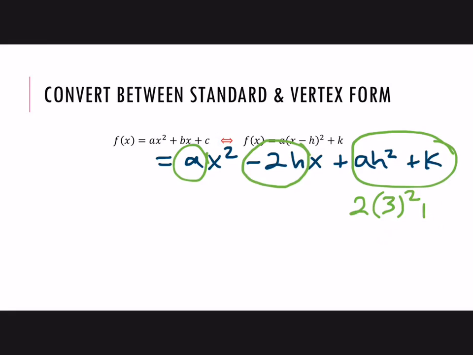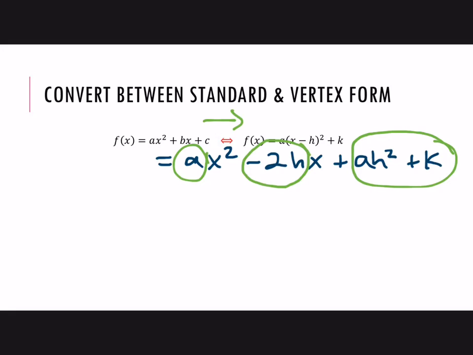Alright, so what would be nice now is if we had some formulas to go directly from one form to the other. Notice to get from ax squared plus bx plus c to vertex form, it's not really apparent what I can do to figure that out.